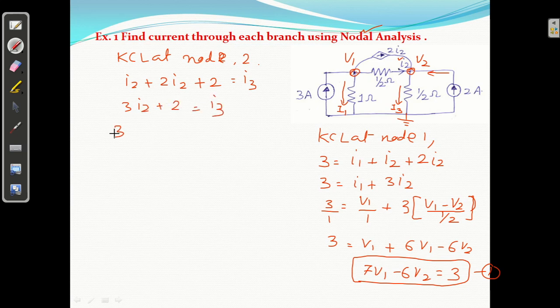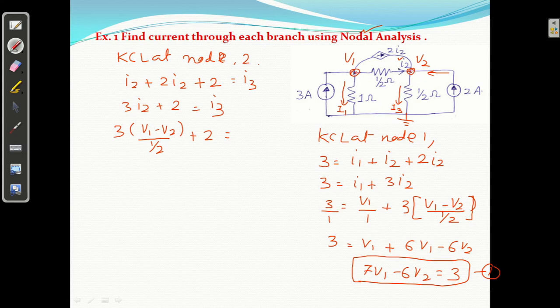What is the value of I2? I2 equals V1 minus V2, higher potential minus lower potential, upon half, plus 2 equal to I3. Where is I3?